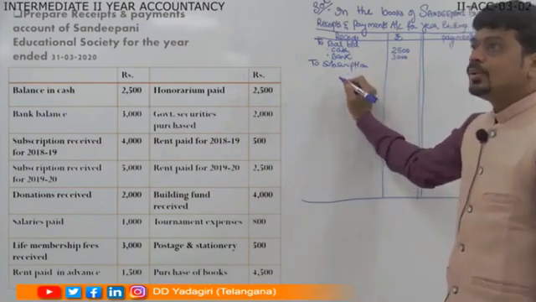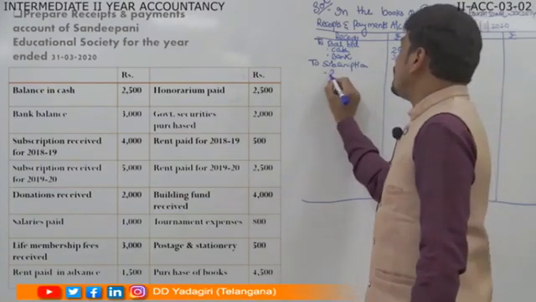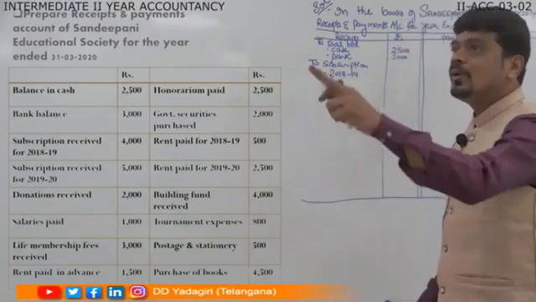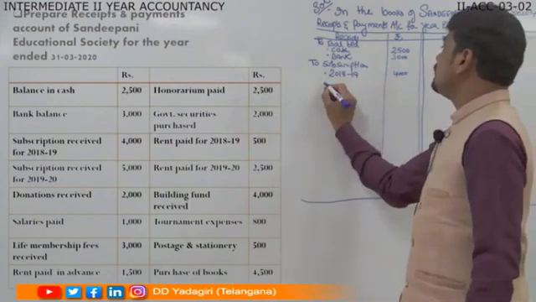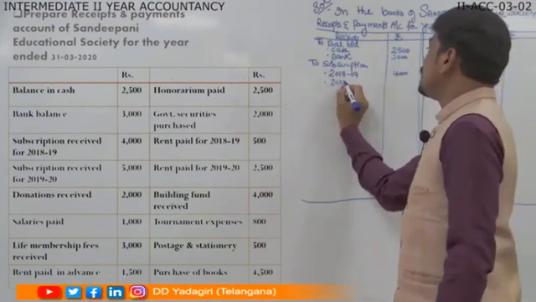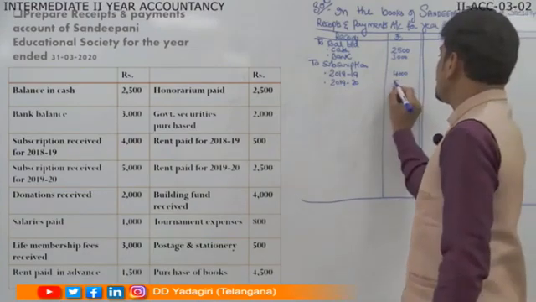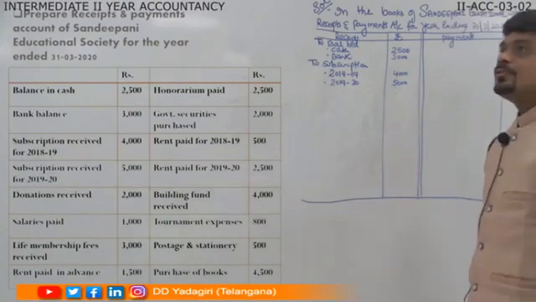No need of writing 2 times. Directly we'll write here. First, this is for 2018 to 19. How much they gave? 4,000. Then below that, we'll write 2019 and 20. They gave 5,000.